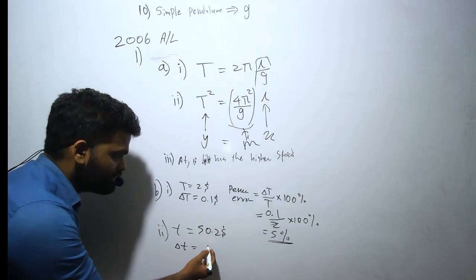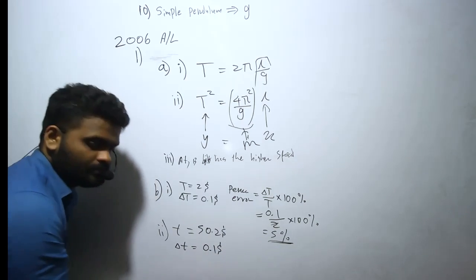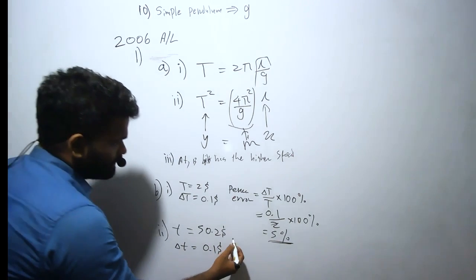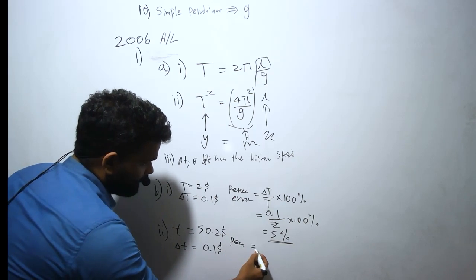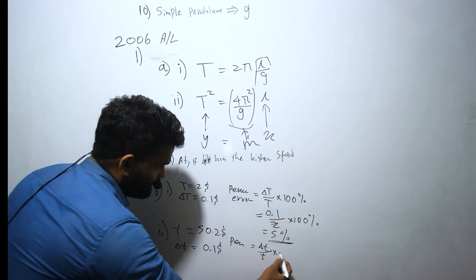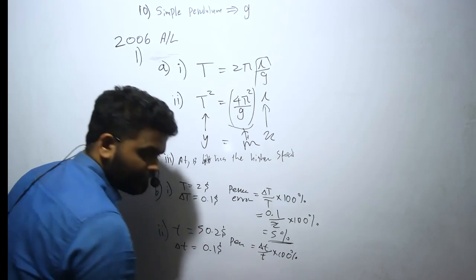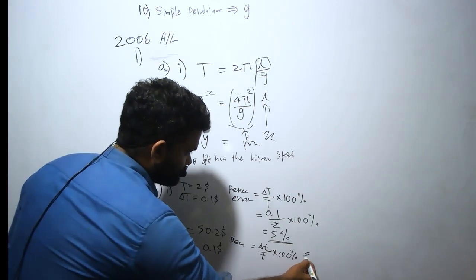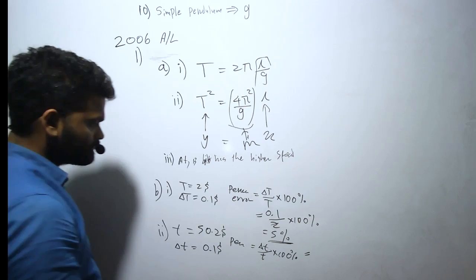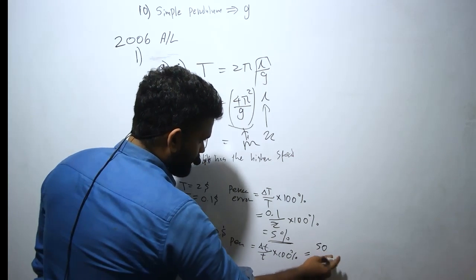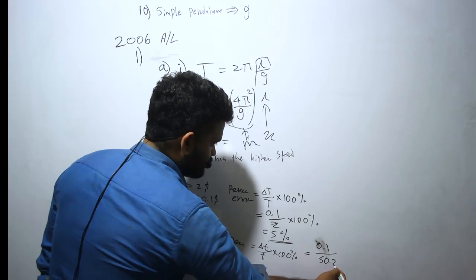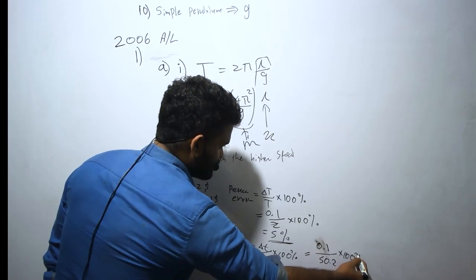So the least count is 0.1 seconds. Then again you have to calculate percentage error: delta t divided by t times 100%, 0.1 divided by 50.2 times 100%.